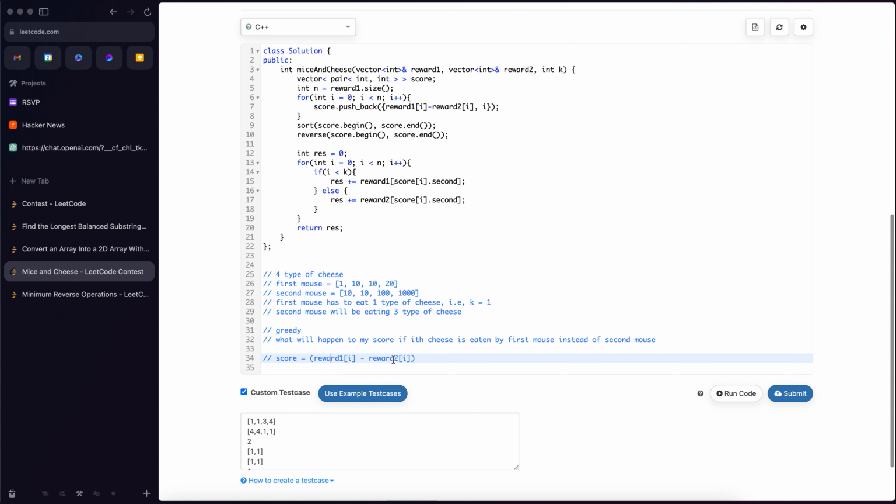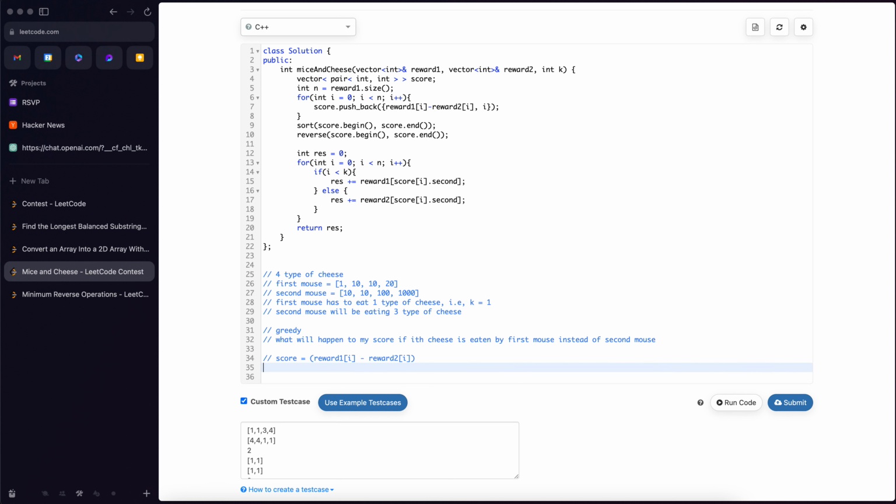Based on this score, you can sort and just pick the k highest scores in this array.